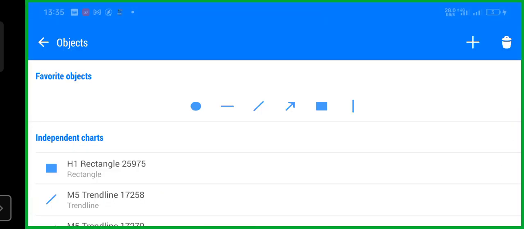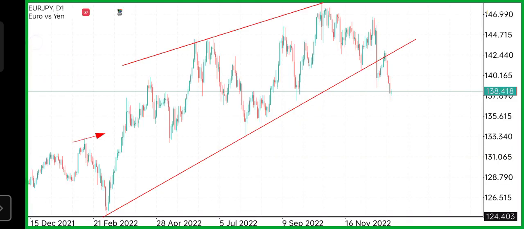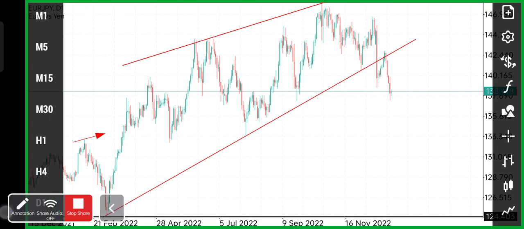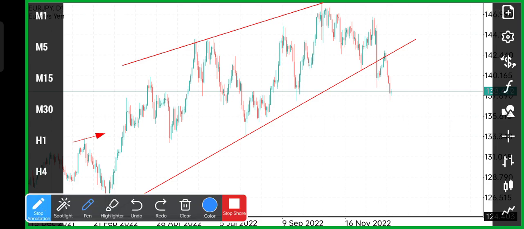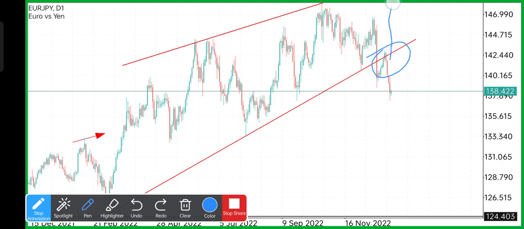If you can check here, we are supposed to get a lower high, a higher low that goes higher to create a higher high. But unfortunately, the market didn't do as we see it should do.